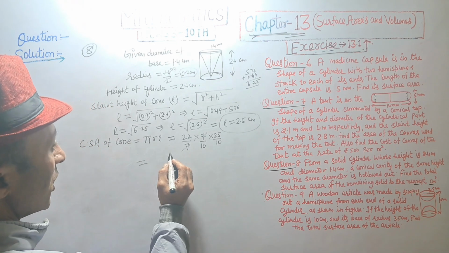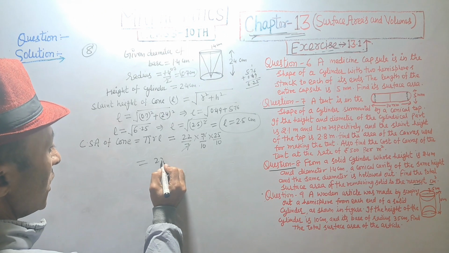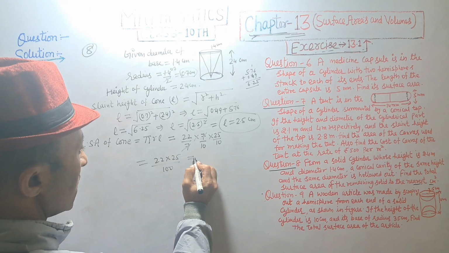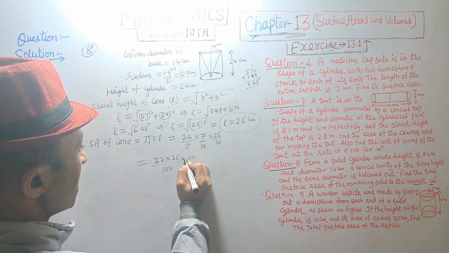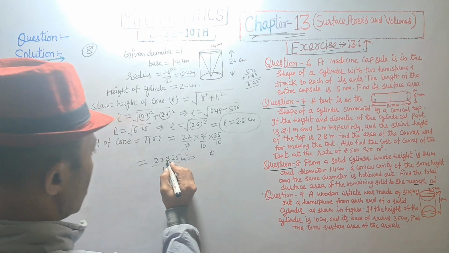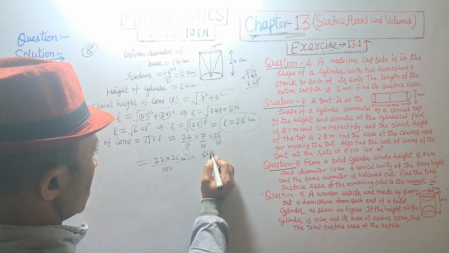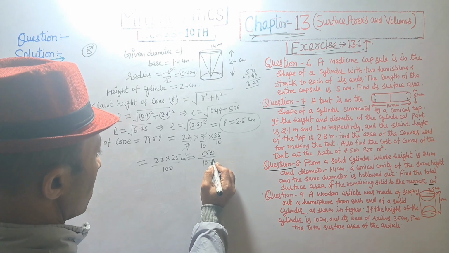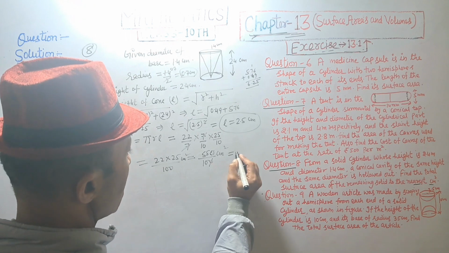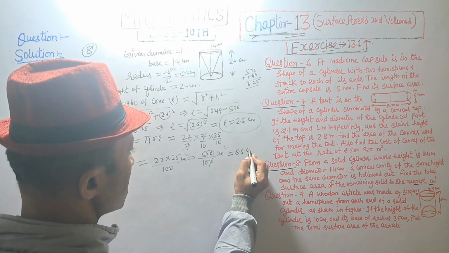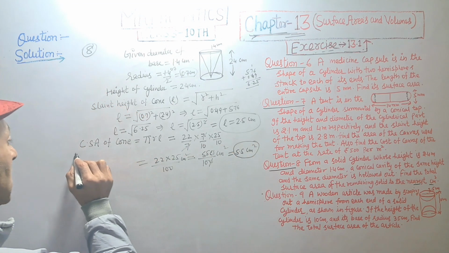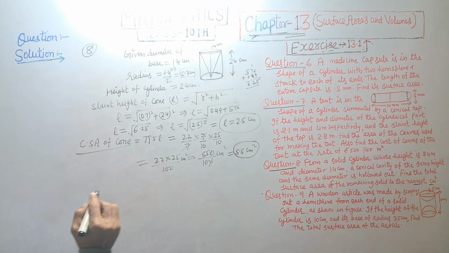We get 22 into 25 divided by 100 centimeter square, that is 25 2 jar 50, 25 2 jar 50, that is 55 upon 100, 0 0 is cancelled, centimeter square, and we get 5.5 centimeter square. It's curved surface area of cone.